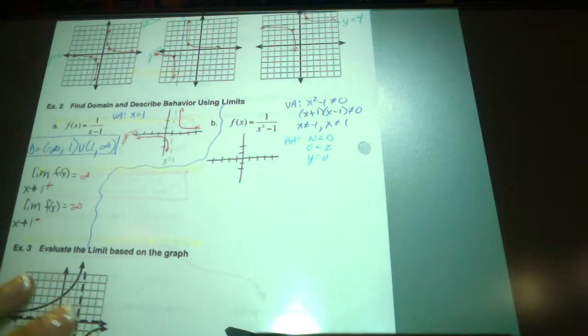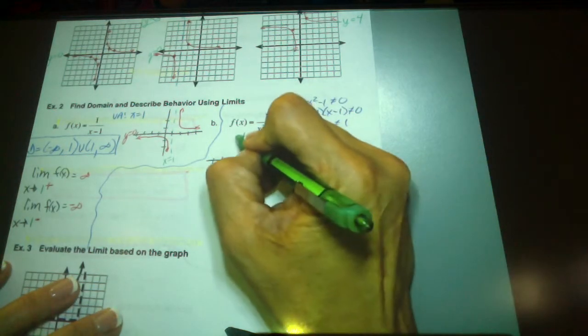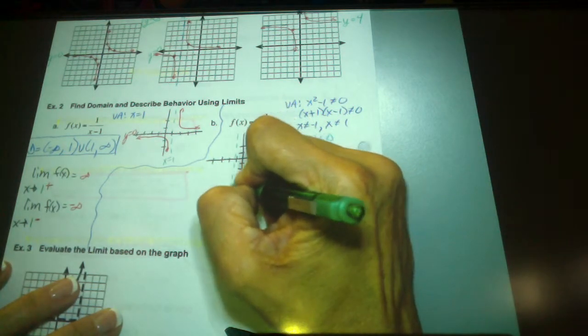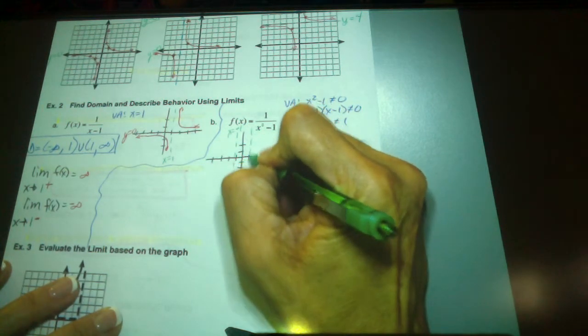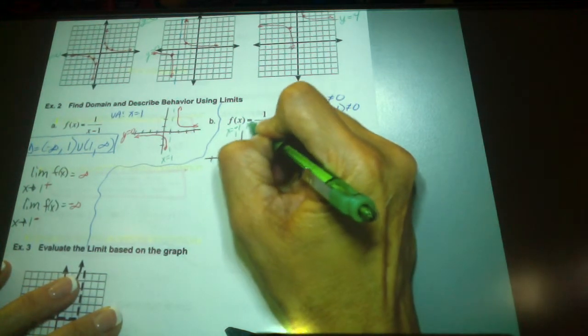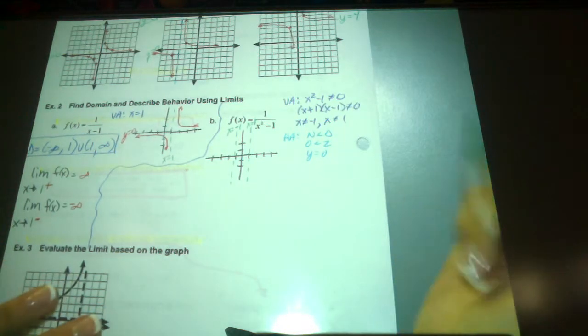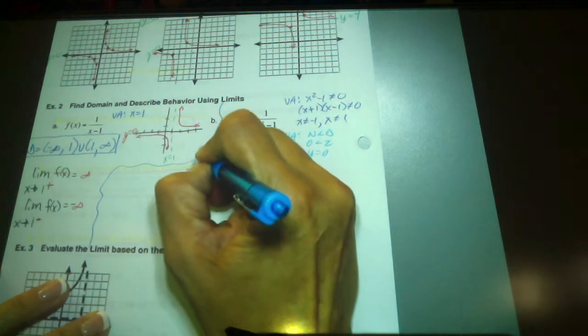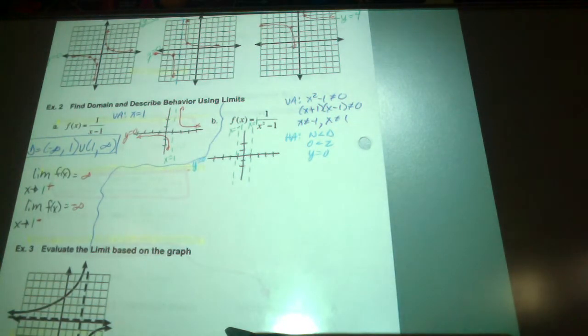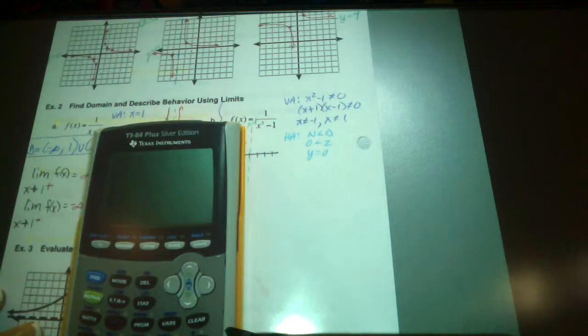I have my vertical at -1. Label that. And at +1, and you want to label that. And then I also want to label my horizontal asymptote here at y equals 0. So you should see your graph approaching all three of those asymptotes in some fashion or another.